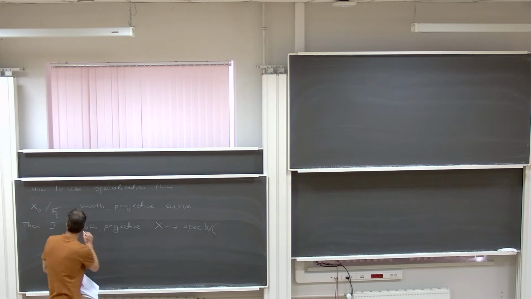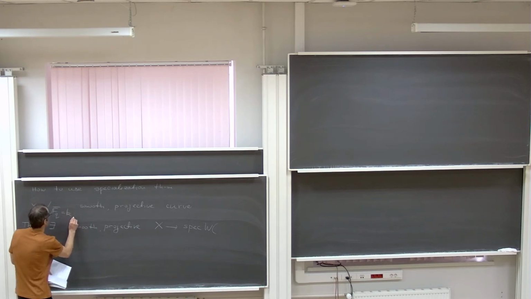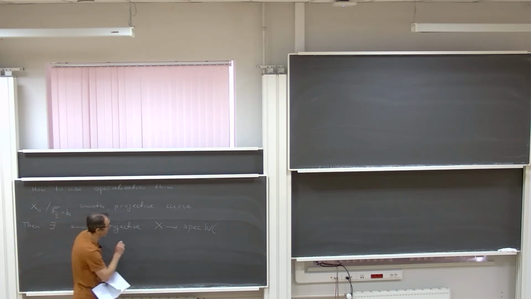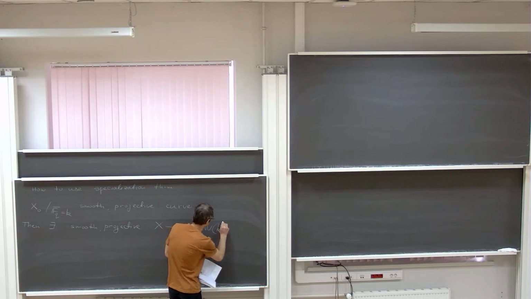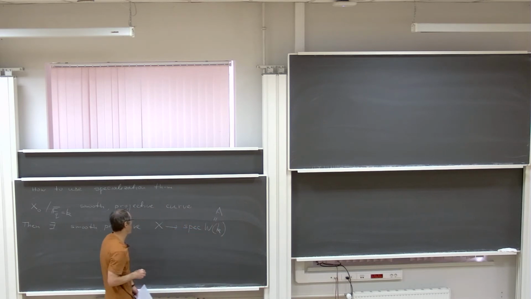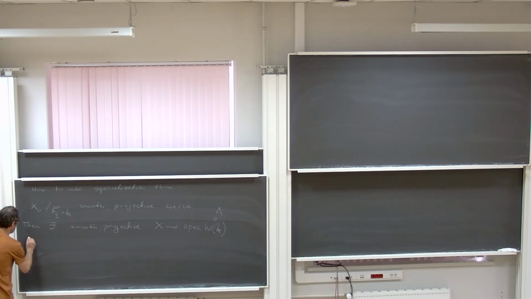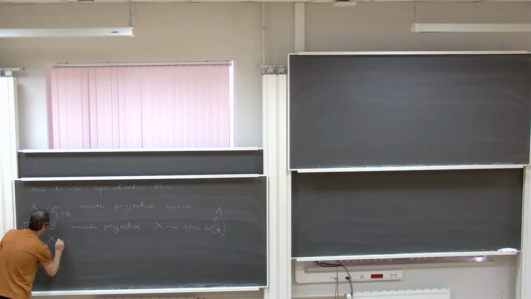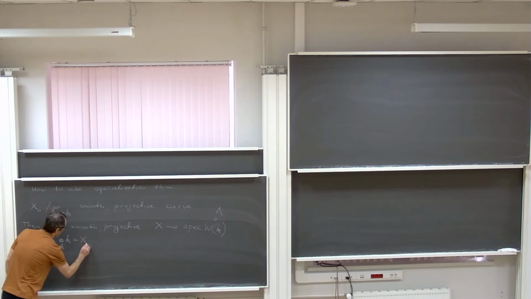Let me call this field K. And this will be my A, a discrete valuation ring, such that X tensor A with K is X0.